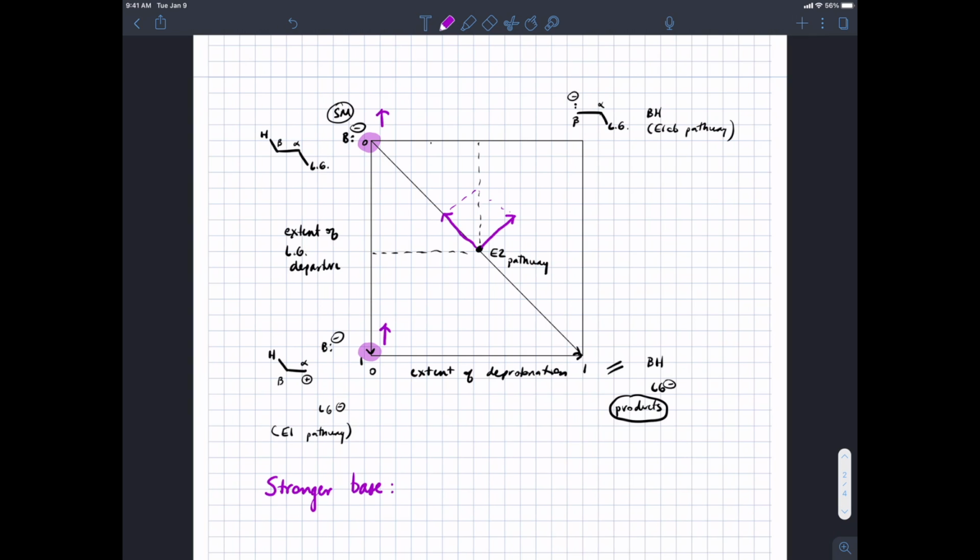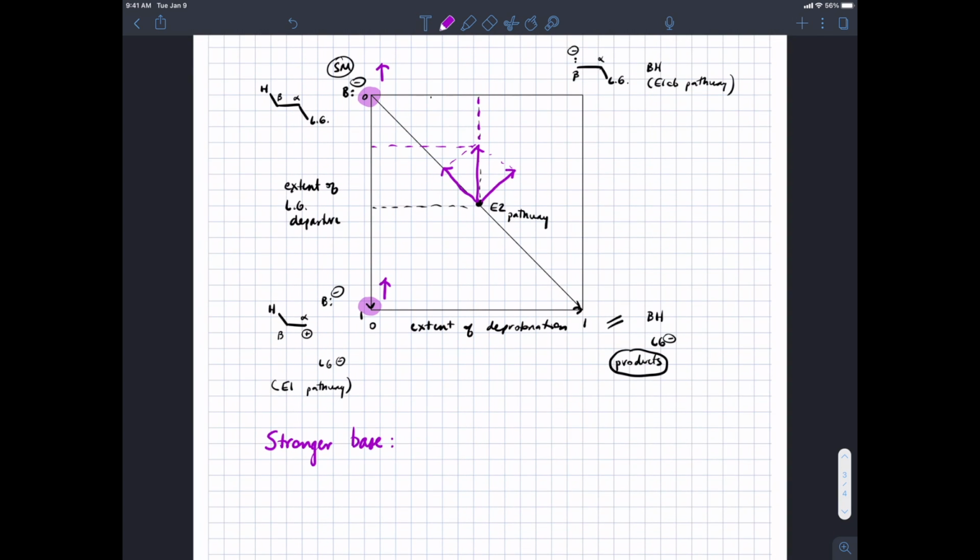Do the vector addition, and what we find is, fascinatingly, when you increase the strength of the base, the extent of deprotonation doesn't change. Isn't that wild? Extent of deprotonation stays the same, but there's way less leaving group departure in the transition state.